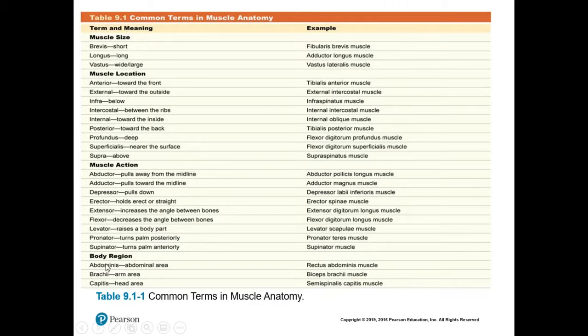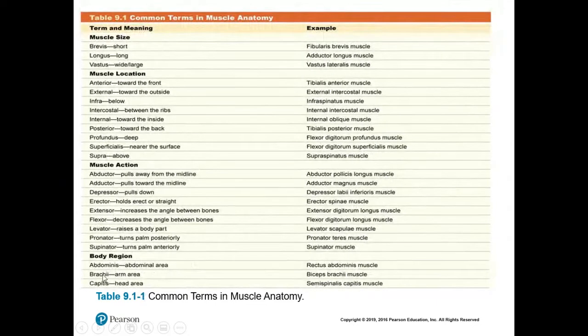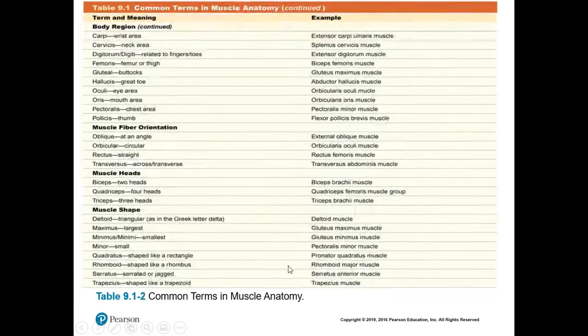And then body region, we have abdominis, obviously the abdomen. Brachii, the brazos, the arm, if you know Spanish, it helps a little bit, right? Capitis, cabeza, the head. Carpi would be the carpals, which is wrist, obviously. Cervicis is cervical, which is neck. Digitorum is the fingers. Femoris is the femur.